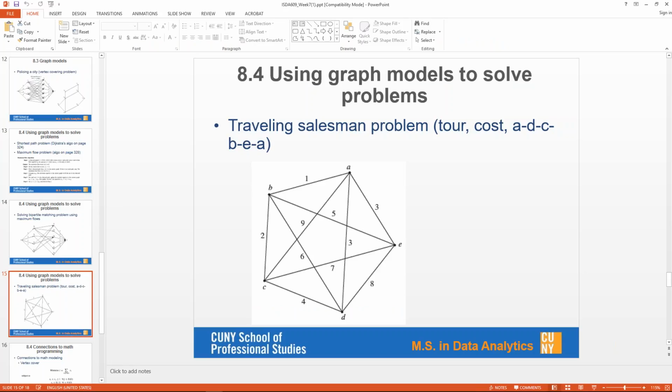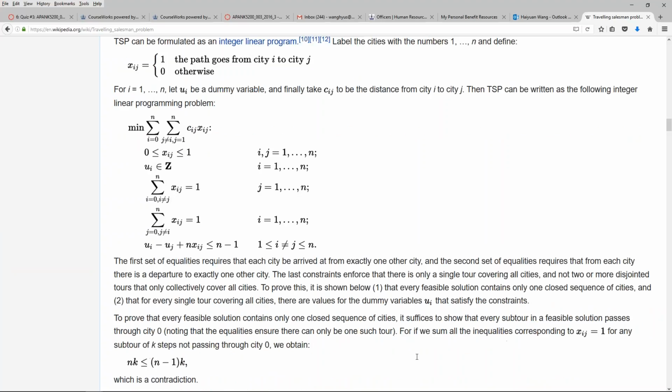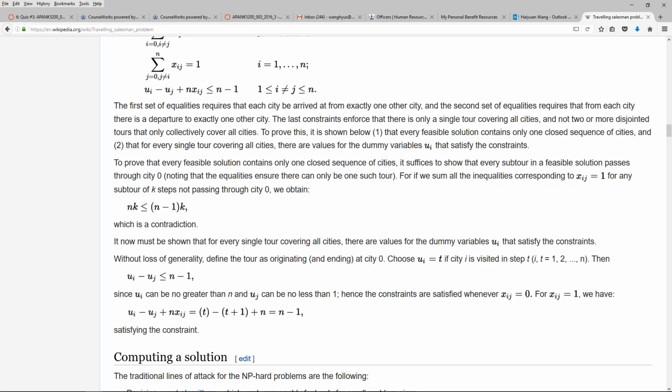You're trying to avoid this subtour, because potentially if you have A, E, C, you didn't visit B and D yet, but in terms of the linear programming problem, if you don't have that constraint, the solution would potentially be only that particular solution. So that's the case we're trying to avoid, and this constraint is considered to be the subtour avoidance constraint.